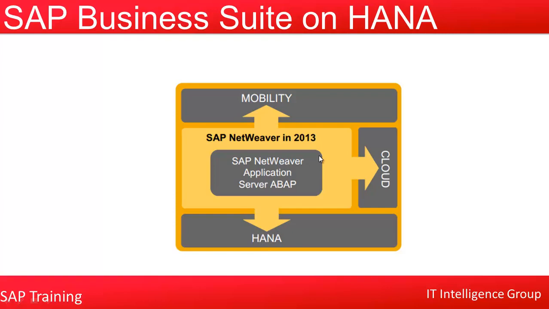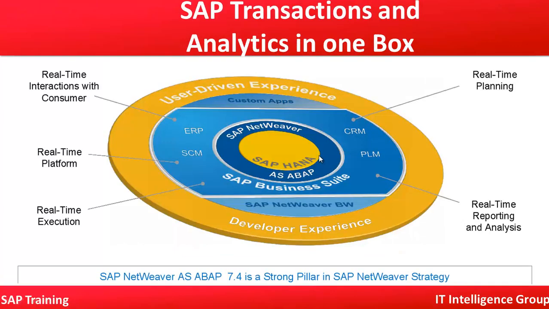One key thing we have seen is that you are combining both analytics and transactions in the same database, so that you get real-time interaction with the consumer. You are giving them a real-time platform, and real-time execution, real-time planning, real-time reporting and analytics can be done.